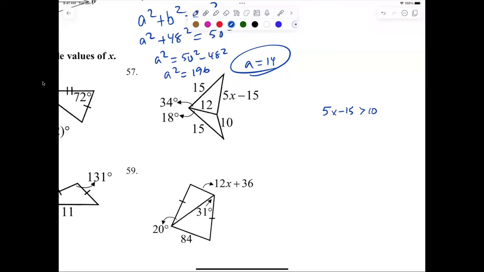Do we agree? Because that means this side has got to be less than the sum of these two. So 5x minus 15 has to be less than the sum, correct? Less than 27, but greater than what? But greater than 10. Less than the sum of what?